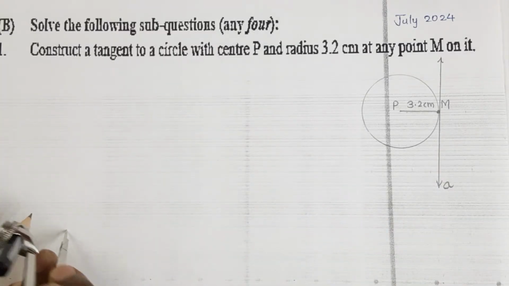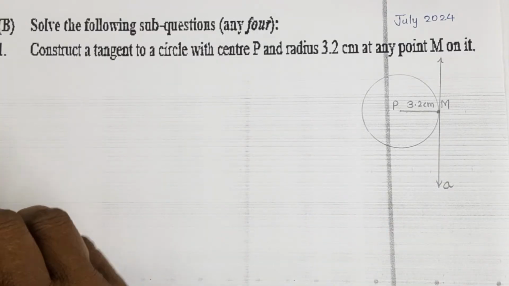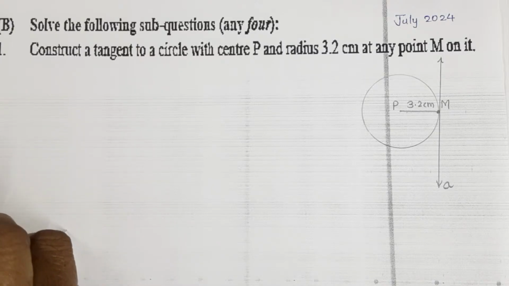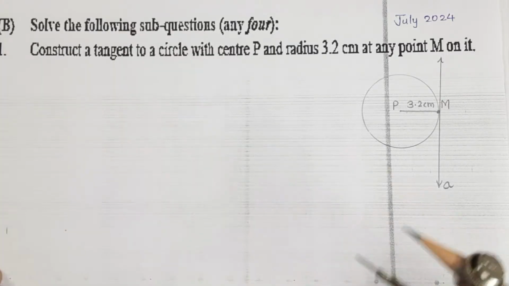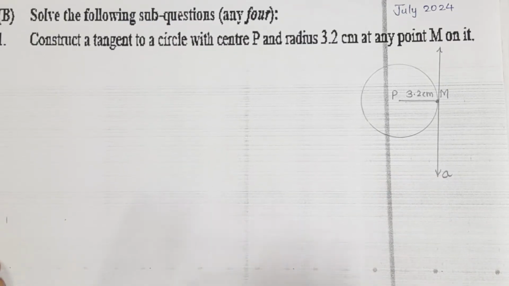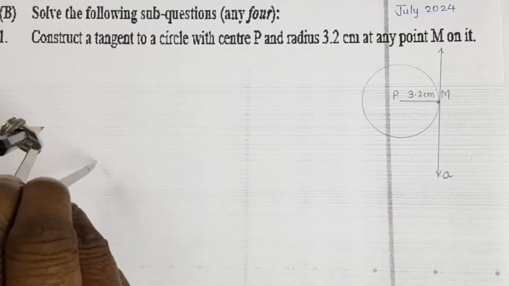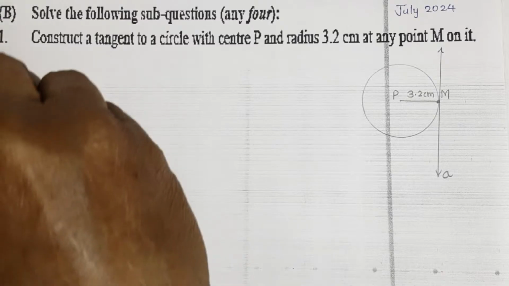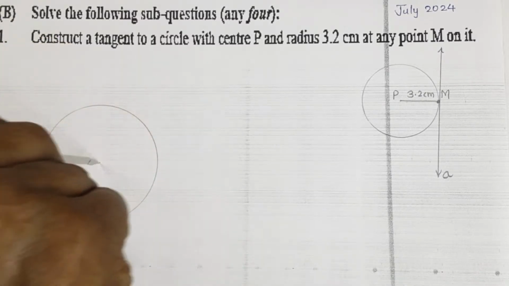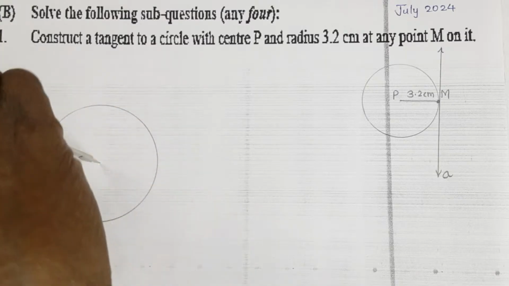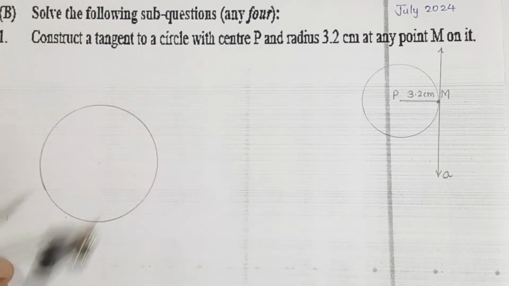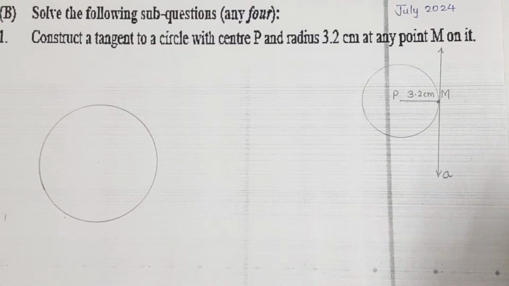So I take the distance in the compass, so that I can draw the circle with radius 3.2 centimeter. Okay, yes, so here I draw the circle, students.